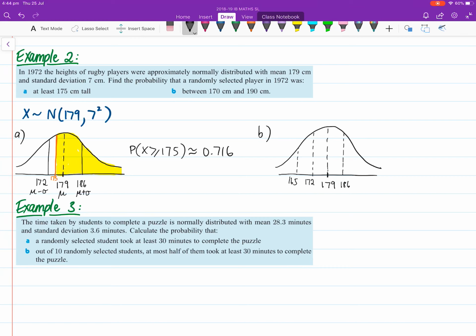Then I add another 7. What would that be? 193. So I want between 170, which is somewhere here. Actually, I might change colour so I can stay consistent and it's a finer pen. So let's say that's 170. Going to 190, which might be about here somewhere.